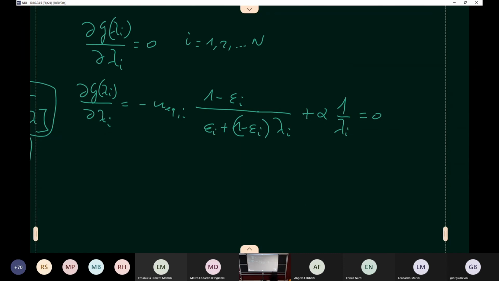So we try to solve for lambda, and we have that lambda multiplies u and 1 minus epsilon is equal to alpha epsilon plus alpha 1 minus epsilon lambda.